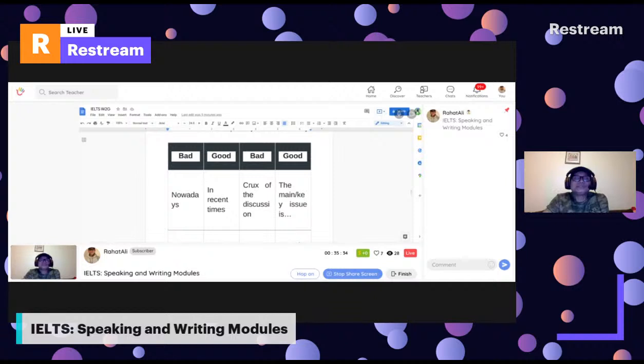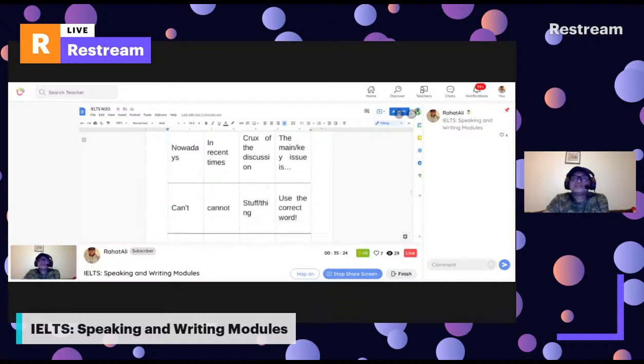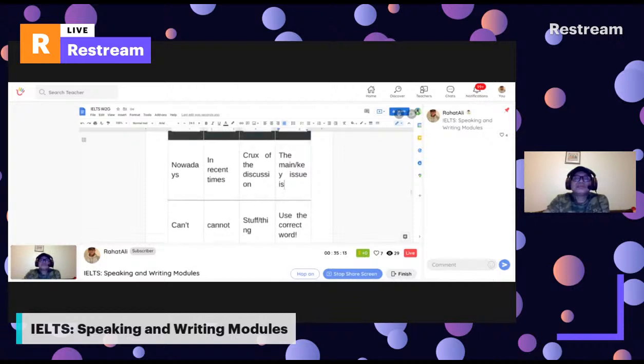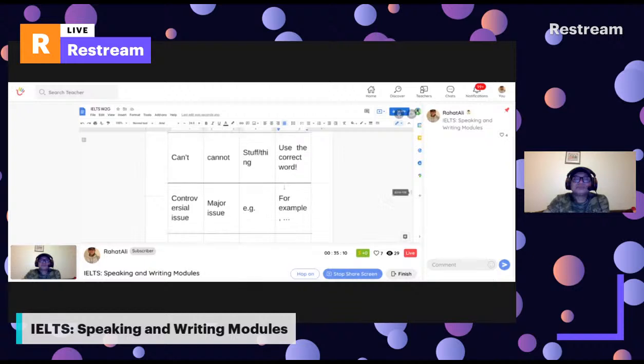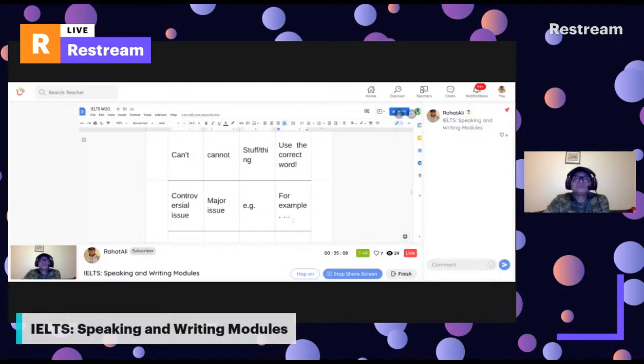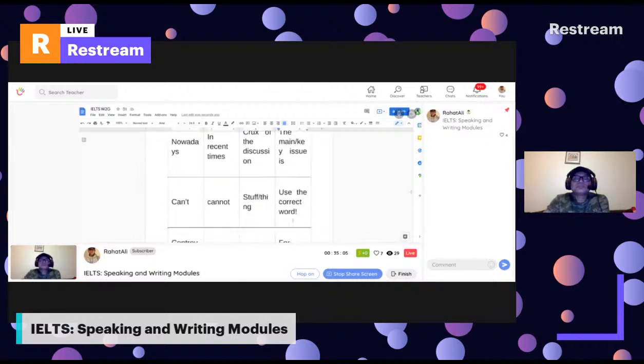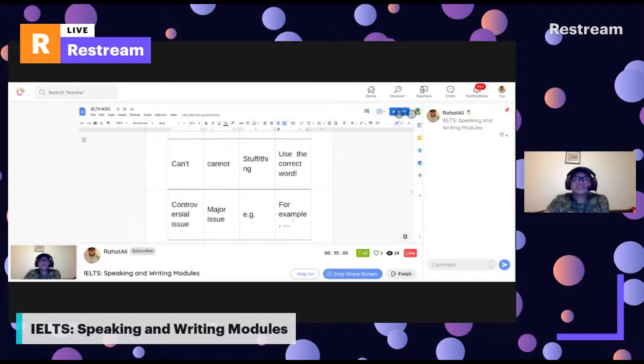In writing, use "in recent times." "Crux of the discussion": it's not a good idea to write like this. Use "the main key issue is." Then "can't" and "cannot," "stuff," "thing": use the correct word. Do not use "controversial issue."